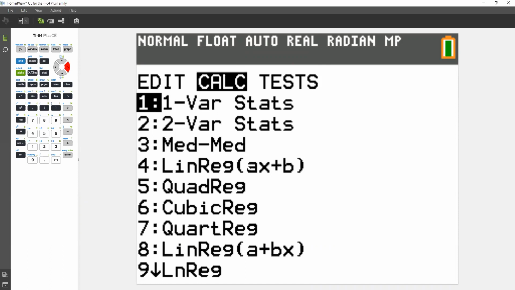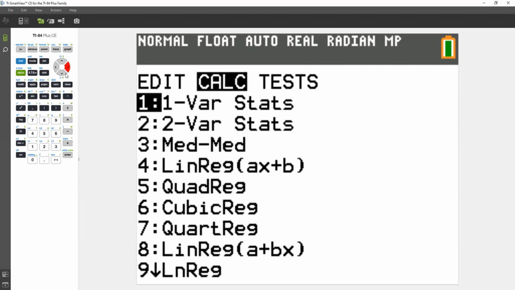And now here's a sort of confusing part. There looks like there's two different things to do linear regression. We want this number 4, which has ax plus b. That a is going to be our slope, because our slope is our number that comes in front of our x, and our b is going to be our y-intercept. So we want to go down to number 4.